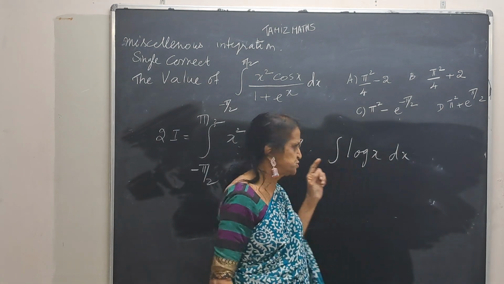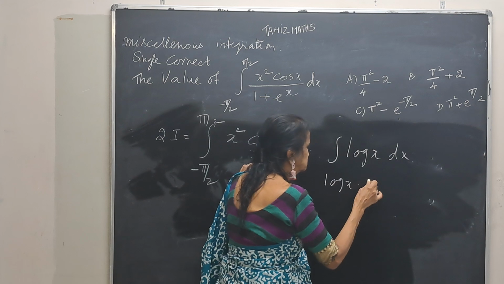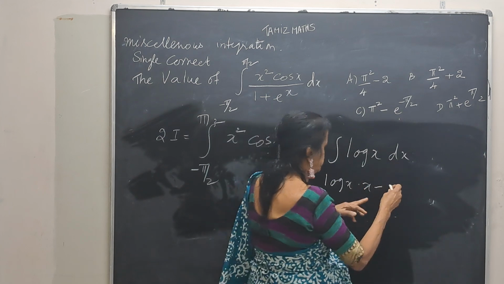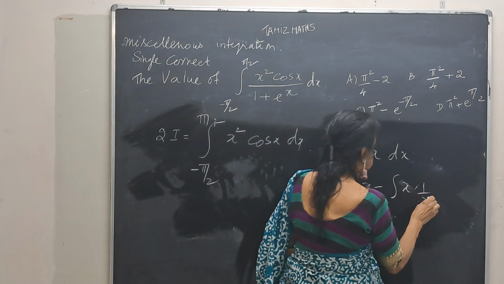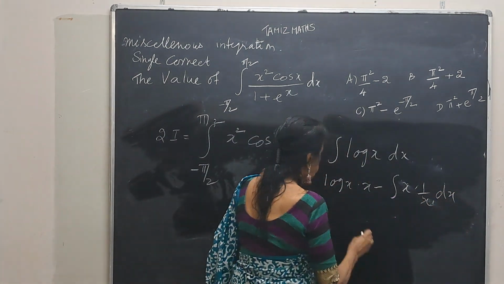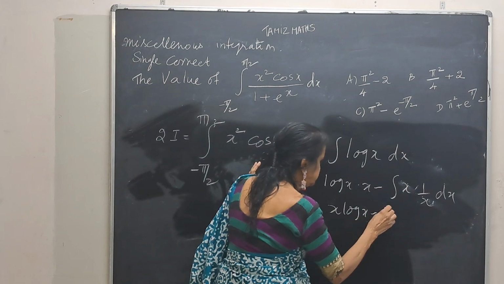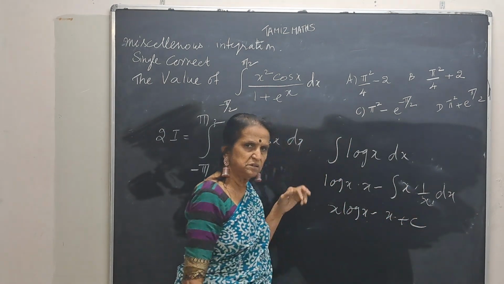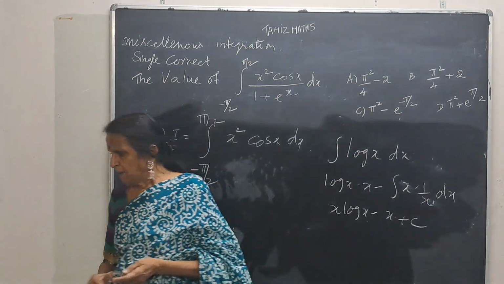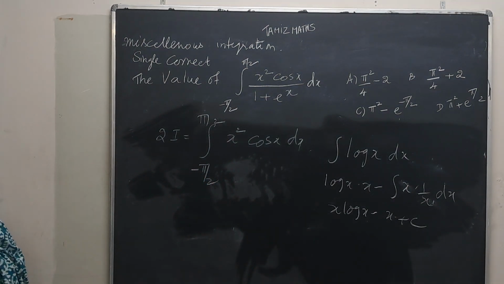So this is u, this is v, and v times derivative of u. So this will be x log x minus integral dx. This and this will get cancelled, which will be x plus c. So this is how we do it. But there is one small trick in this. Let me just share with you.